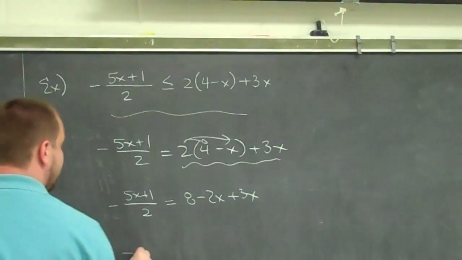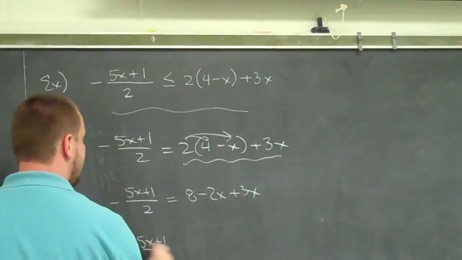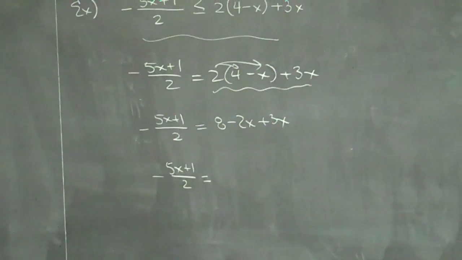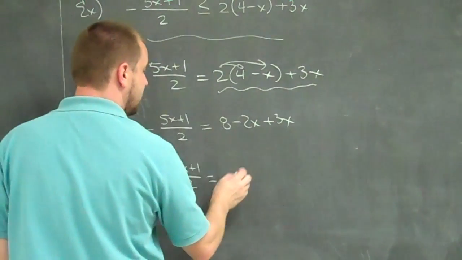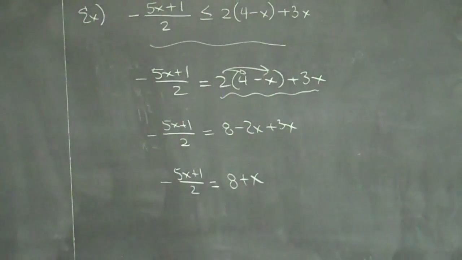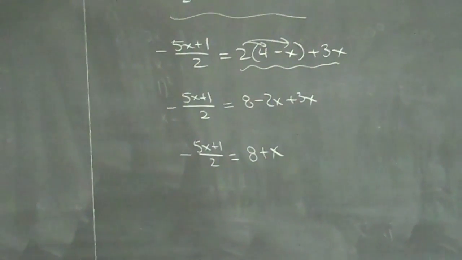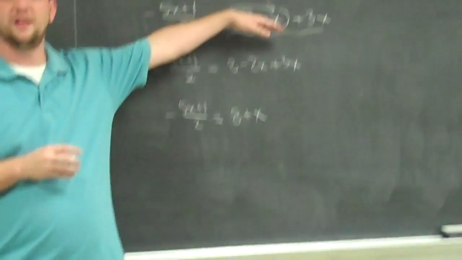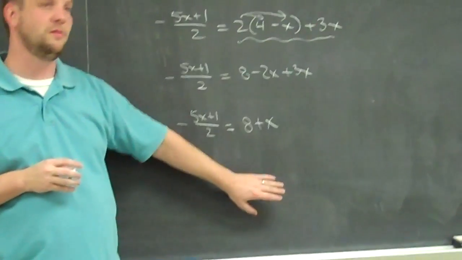So negative 5x plus 1 over 2 equals, after combining like terms, maybe it's not like a million times better, but isn't this just a little bit better and nicer than this up here? I would argue so.